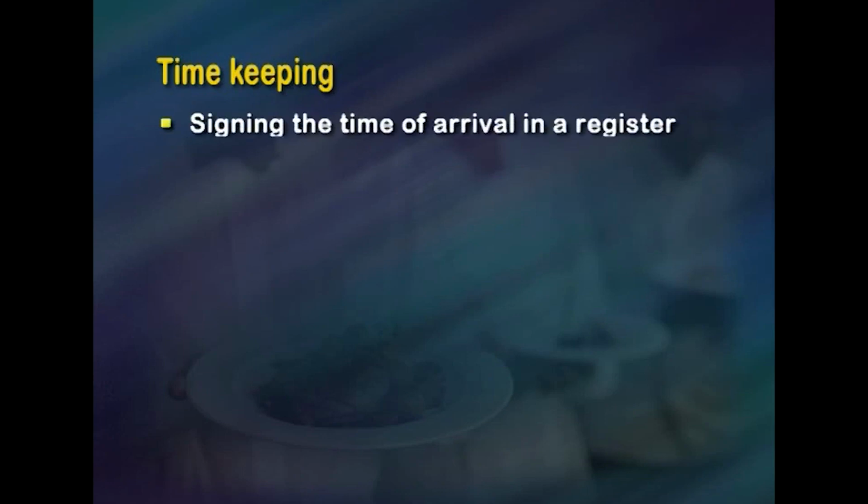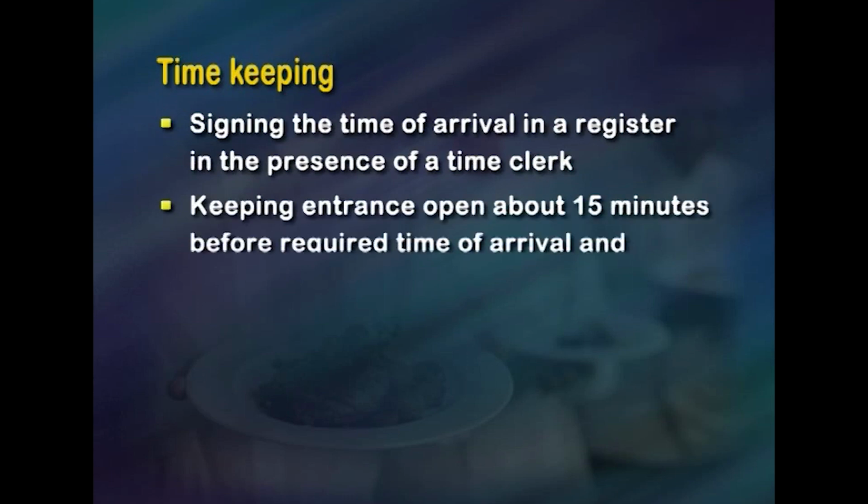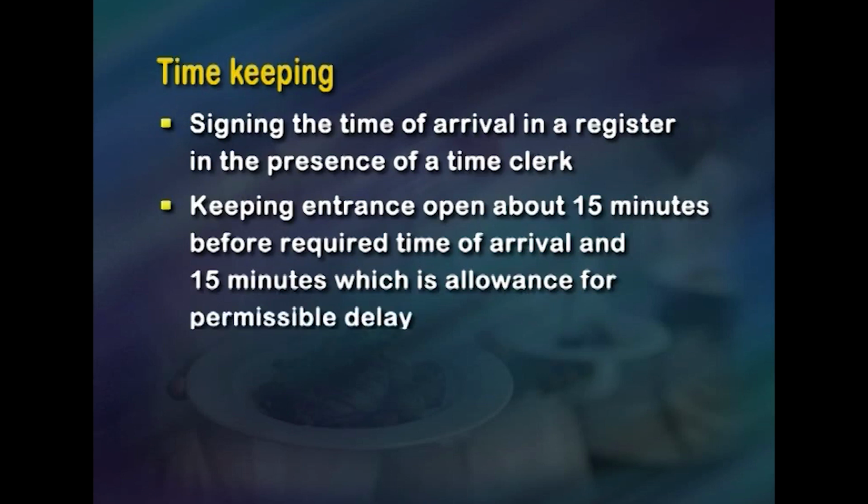These can be done in the following manner: signing the time of arrival in a register in the presence of a time clerk, keeping the entrance open about 15 minutes before the required time of arrival, and 15 minutes as allowance for permissible delay. There is no admission if an employee is more than half an hour late.